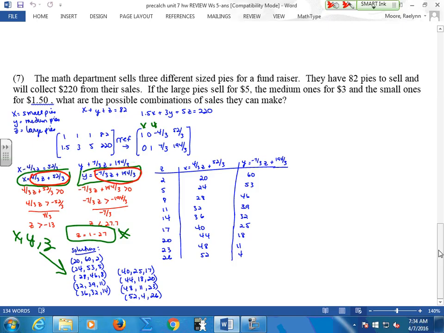Remember, it cannot be equal to 0. That's going to help you figure out where your z's go. And then the easiest way, plug this in your y1, plug this in your y2. Make sure there's no fractions, no negatives, no zeros, no decimals.